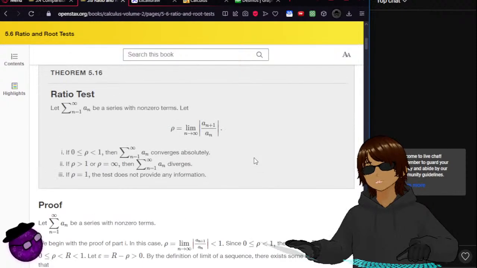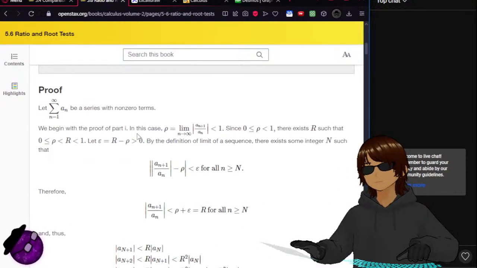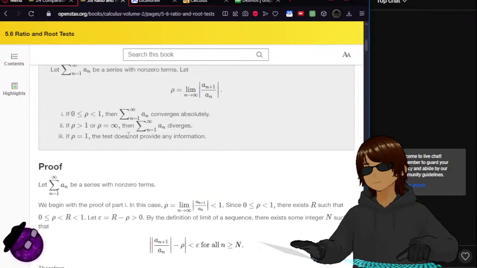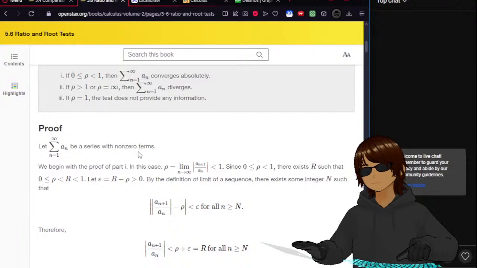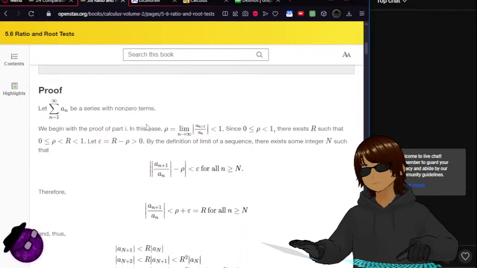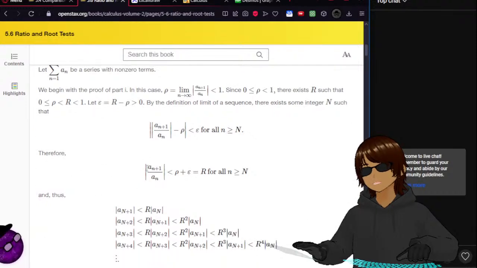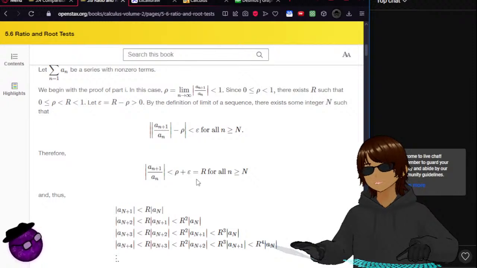By definition, this is between 0 and 1, right? And therefore a(n+1) over a(n) is less than p plus epsilon, which is equal to r.